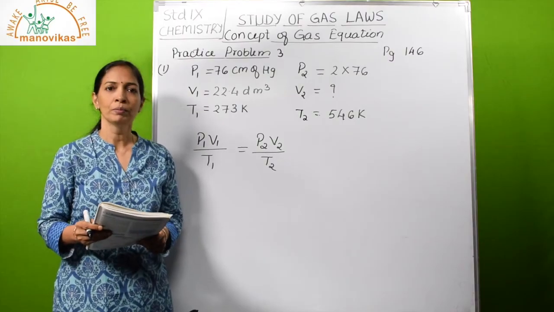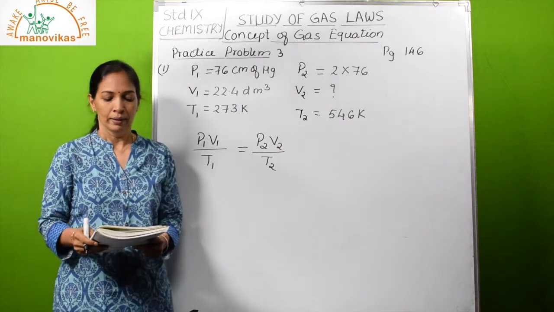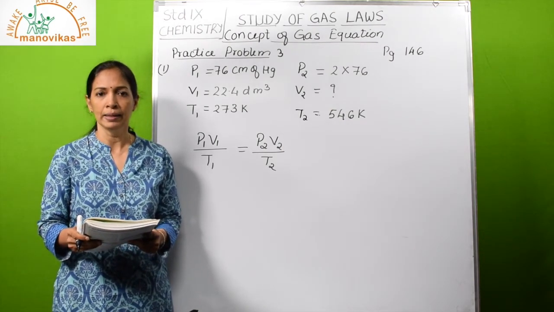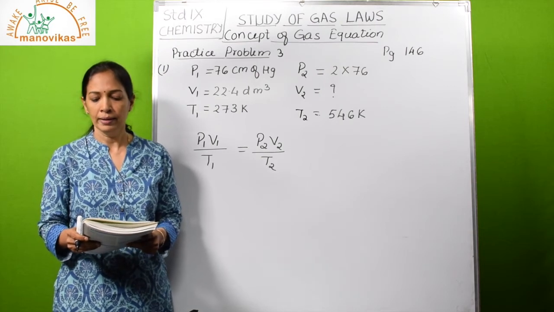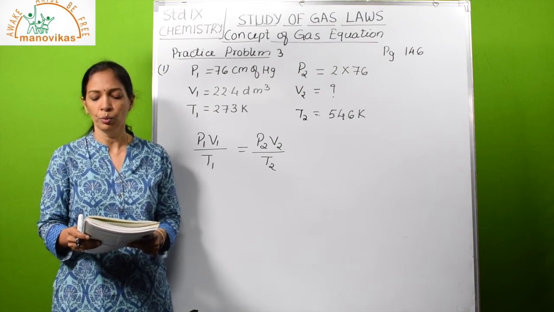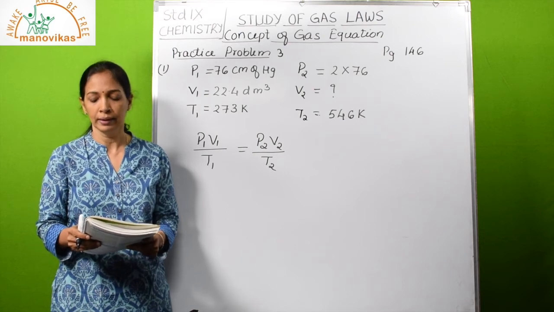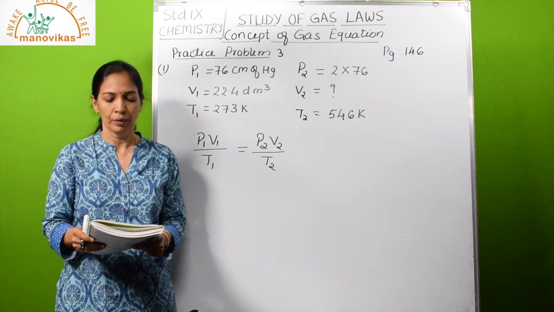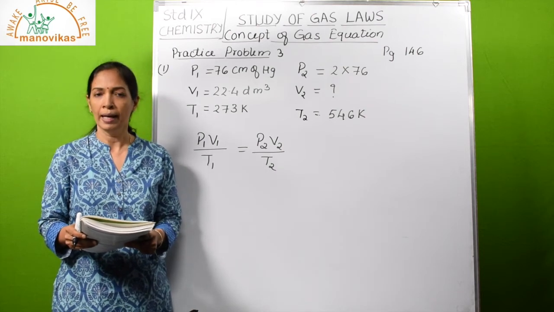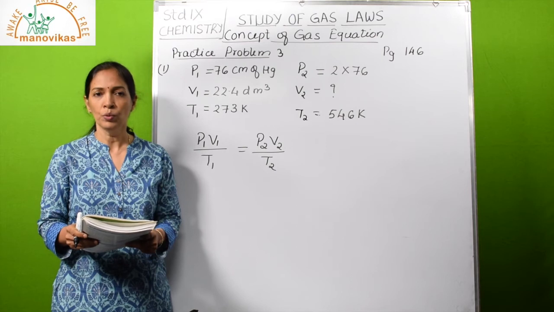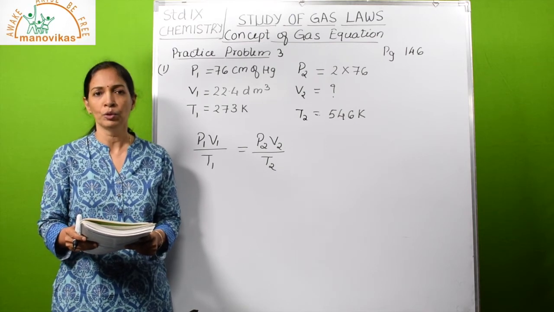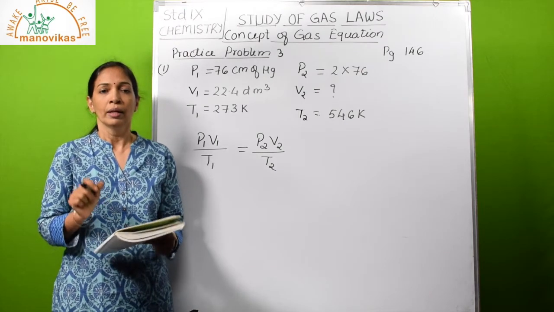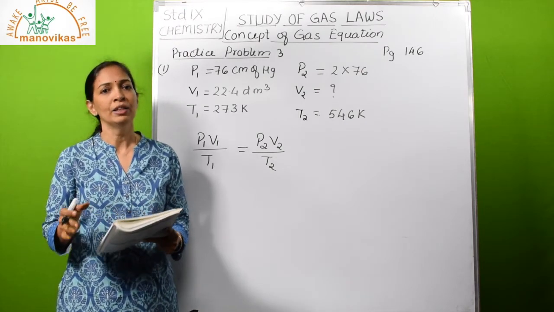Now practice problem 3. First one. The pressure on 1 mole of gas at STP is doubled and the temperature is raised to 546 K. What is the final volume of gas when 1 mole of gas occupies 22.4 decimeter cube at STP? In this question, the values at STP are initial ones.